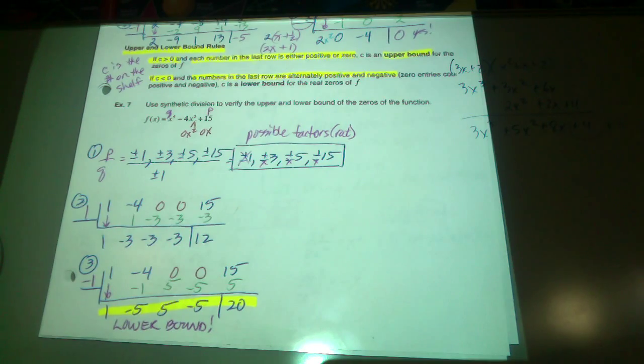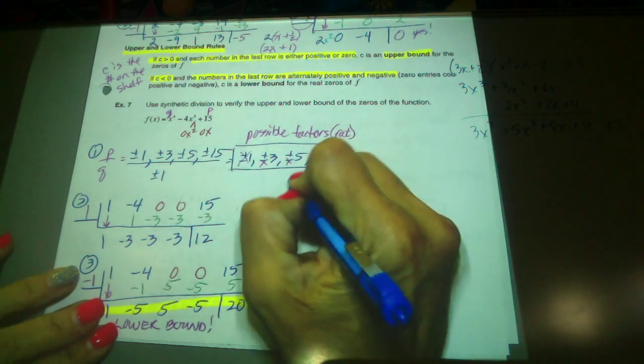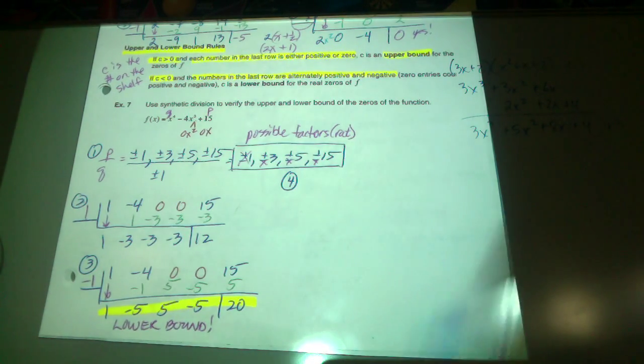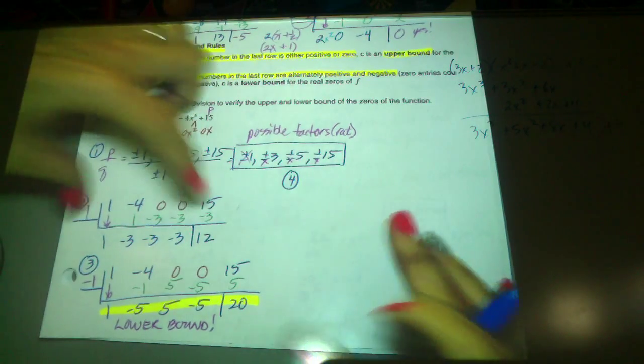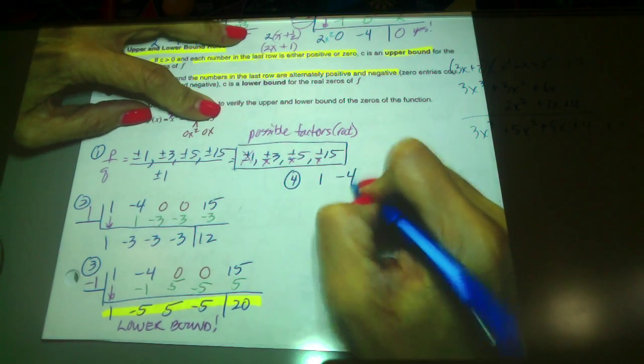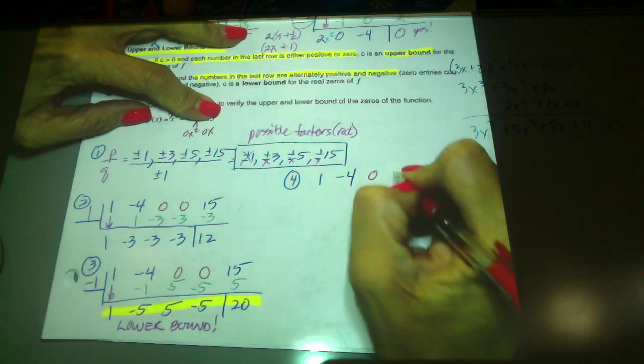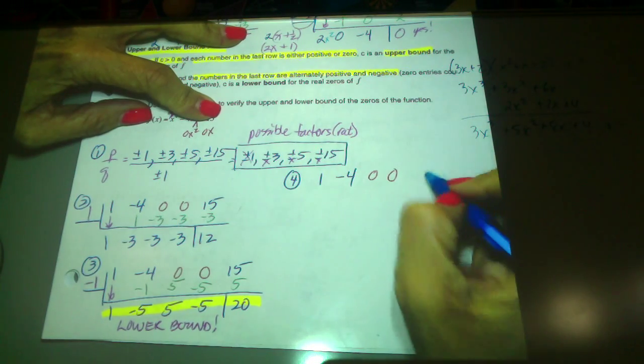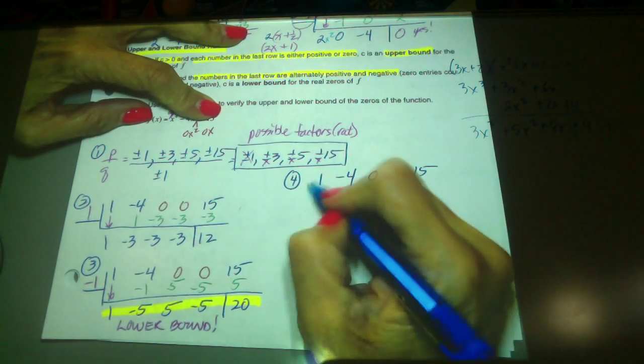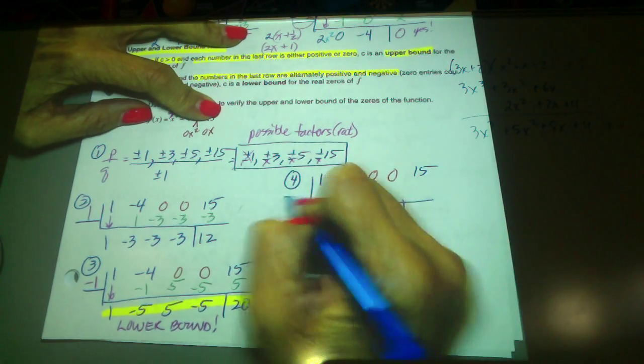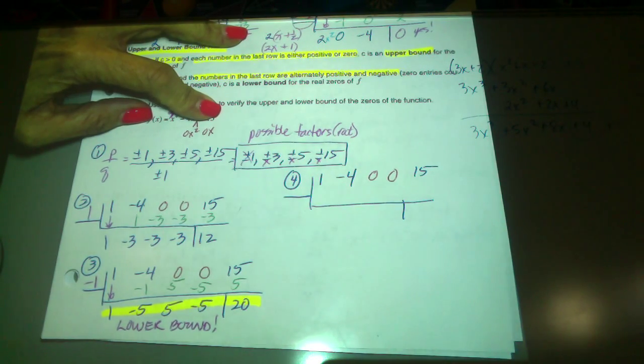How am I not going to choose 15 off the bat? What are you going to choose between 3 and 5? I'm going to choose 5. Hint, hint, hint, wink. So I didn't get a 0 yet, so I still have to start off with my original. 1, -4, 0, 0, and then 15. So I'm going to try 5.